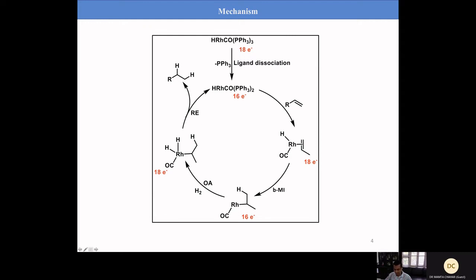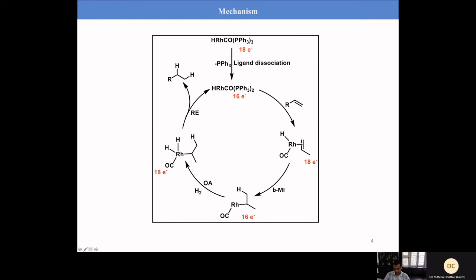If you count, the hydride and olefin, two different ligands, become one ligand, so that means a reduction in electron count by 2. So this is the beta migratory insertion. As you see, at the alpha position it's the carbon center which is attached to the metal, and at the beta position the hydride is really incorporated. So this is the beta migratory insertion that is happening over here.